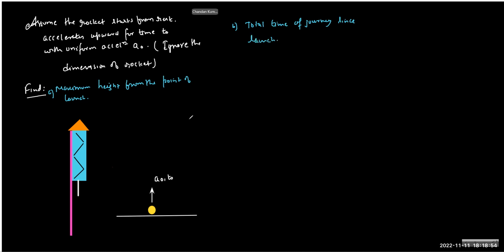So the total time of journey will be, it will accelerate for some time, will move further up, will come down, and eventually hit back the ground. So you have to find the total time of journey. You can also add t naught to the journey. So that's totally okay. Yeah, that's it. So attempt this question.